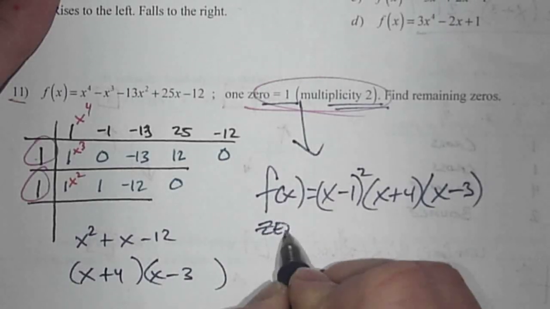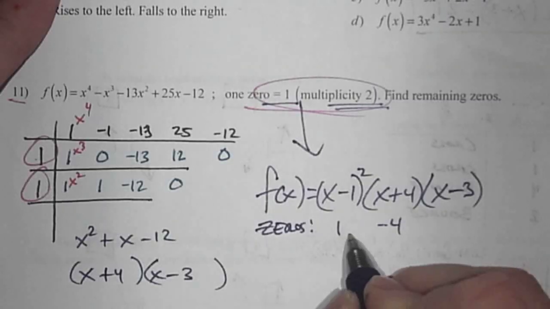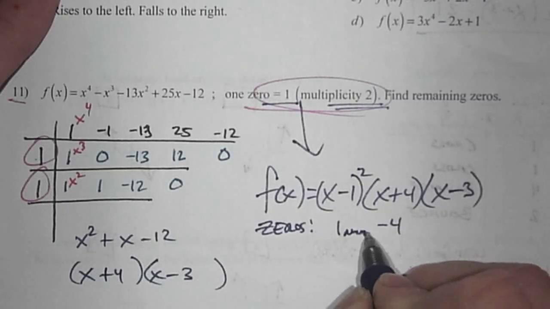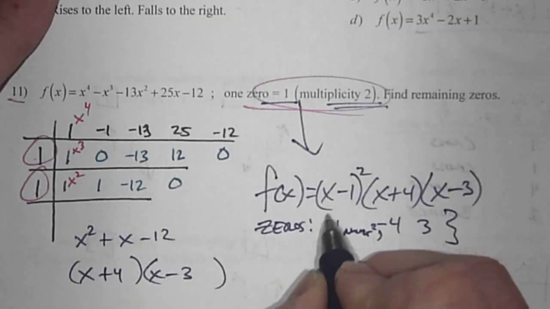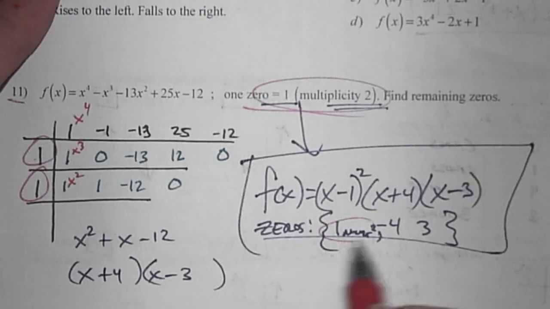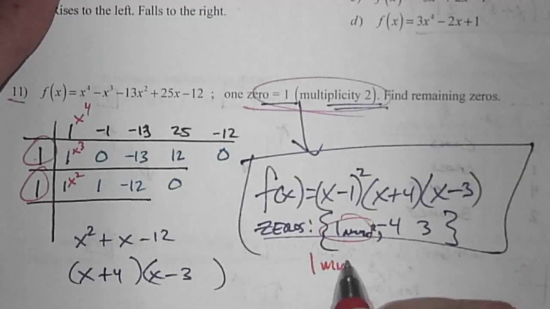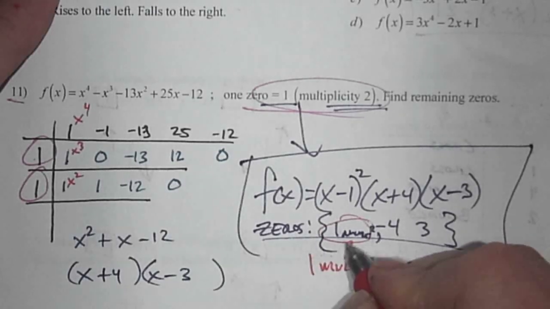And my zeros are 1 with a multiplicity of 2, I got to keep that multiplicity of 2, negative 4, and 3. So this right here, 1 with a multiplicity of 2, comma. That's what this is.